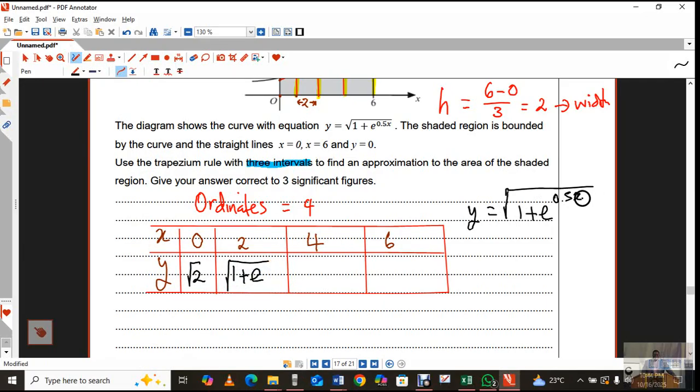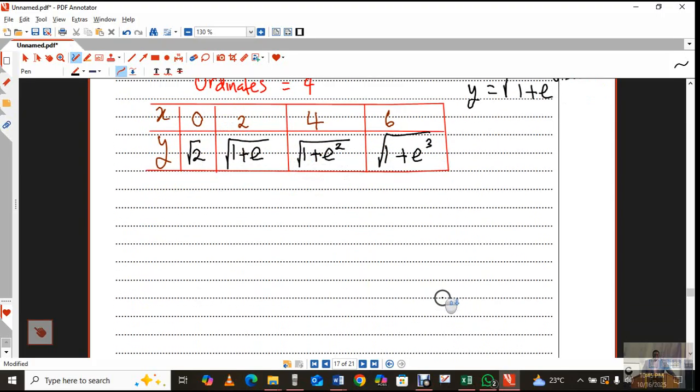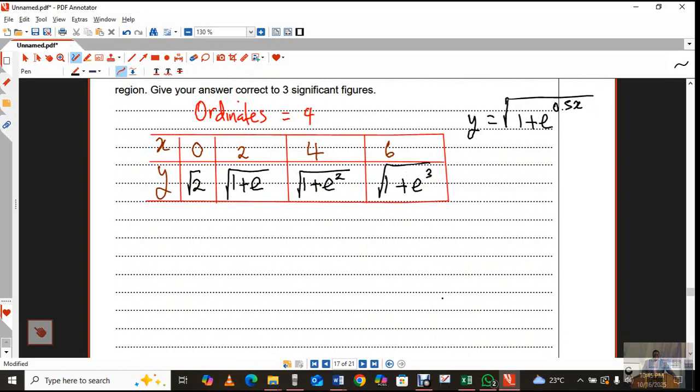If I put a 4 here, that's going to be 1 plus e squared. Or you can write those decimal values down. It's totally up to you how you want to proceed. 1 plus e cubed, if I put a 6 in the place of the x. But everything is still under the square root. I'm just doing that so that I don't have to write all those decimals. But you have to substitute those x values into the formula for you to do so.